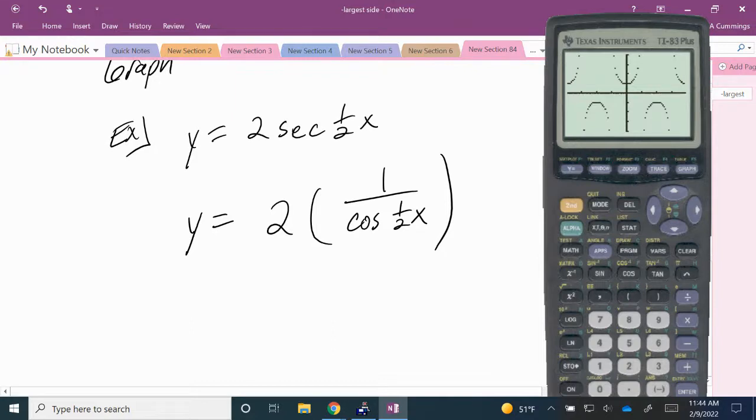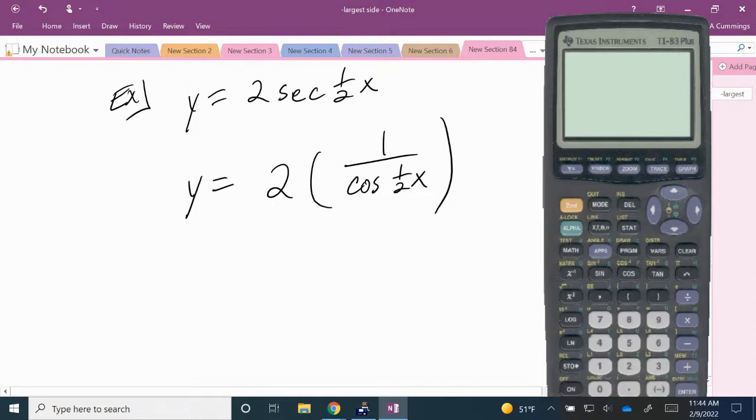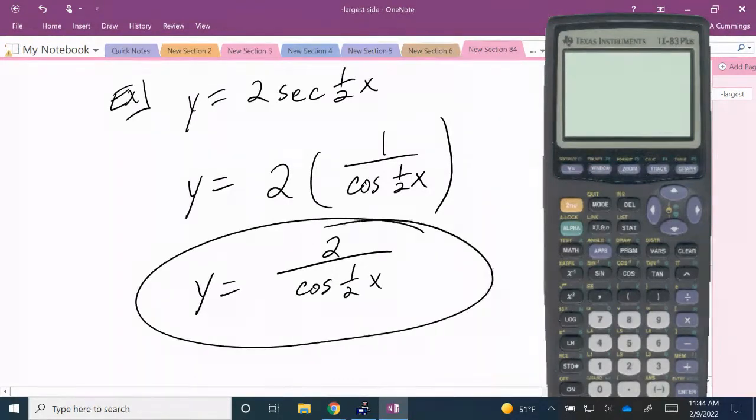I've simply rewritten secant as 1 divided by the cosine. And now I'm going to recombine this to make one fraction. Whenever we multiply a whole number times a fraction, we can multiply the whole number times the numerator only. And this is what we're going to put into the calculator.